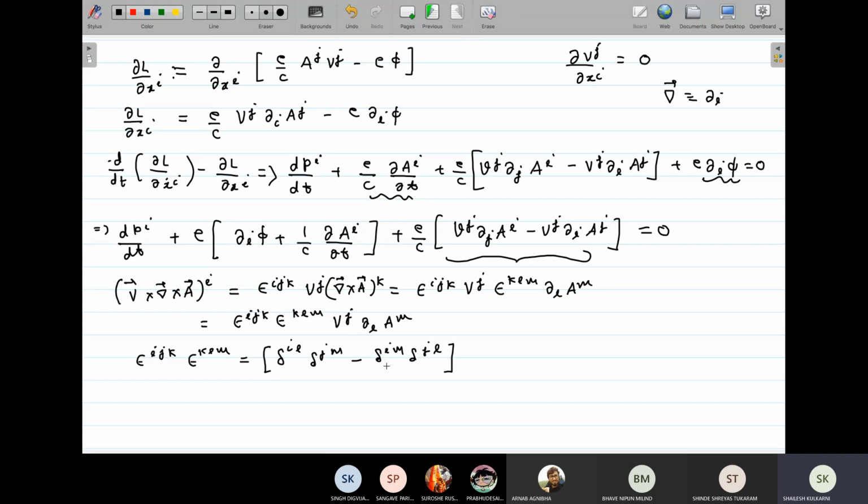You can see that this expression is antisymmetric in ij and antisymmetric in lm. In fact, if it is antisymmetric in ij, it's automatically antisymmetric in lm. And then I will write the next expression v_j ∂_l A_m. So this is equal to this part when multiplied with this part. I should replace l by i and m by j.